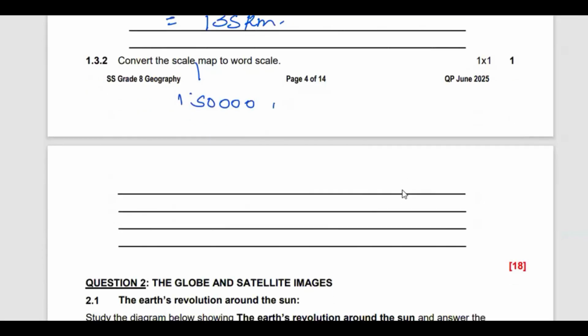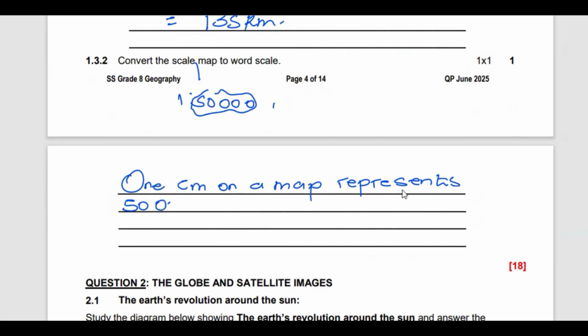So here we shall say 1 centimeter on a map represents 50,000 units on the ground. You can call them units or centimeters.